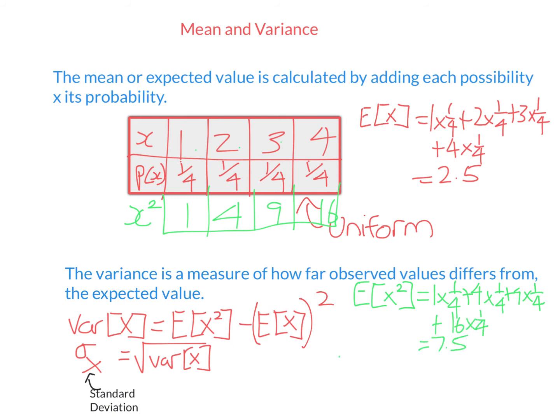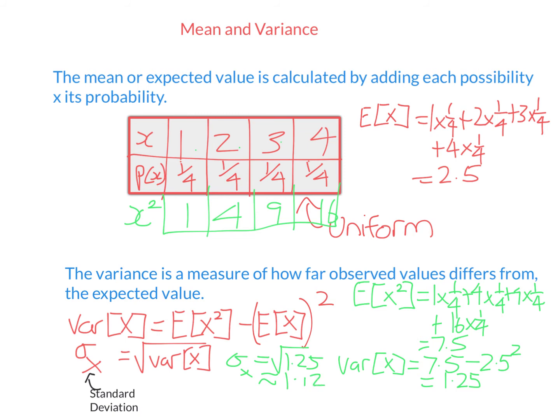So the variance of x is going to be the expected value of x squared minus the expected value of x, all squared. That number gives me 1.25. The variance must always be a positive number. The standard deviation is just the square root of the variance, which is about 1.12.